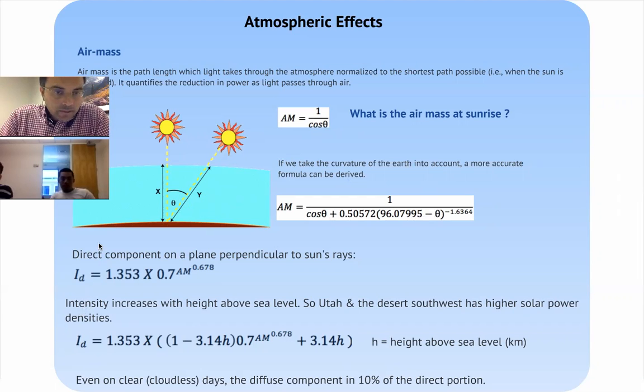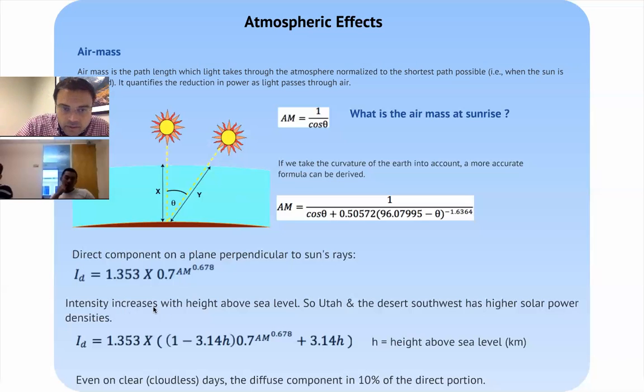We can also distinguish between the direct component on a plane perpendicular to the sun rays as a function of air mass, shown here. We also know that this intensity, which is watts per meter squared, is the spectral power density, integrated over all the wavelengths.